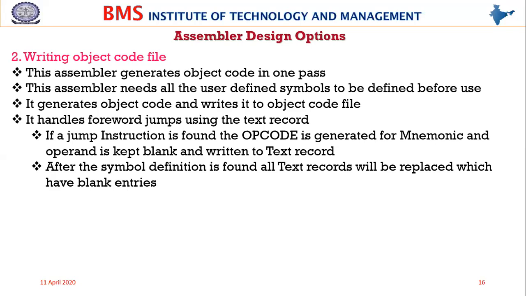But we have a problem with our symbol defining statements, specifically the EQU statement. EQU can define a symbol. On the left hand side we have the name of the symbol, which is user specific.